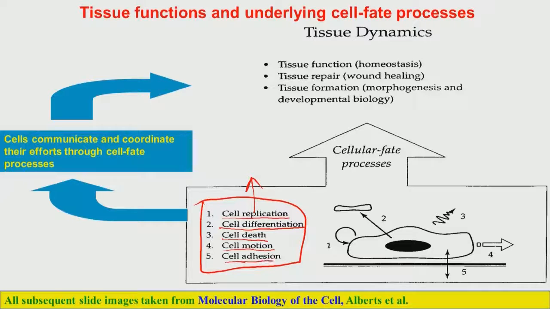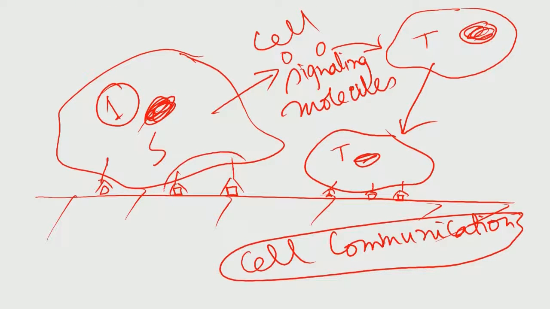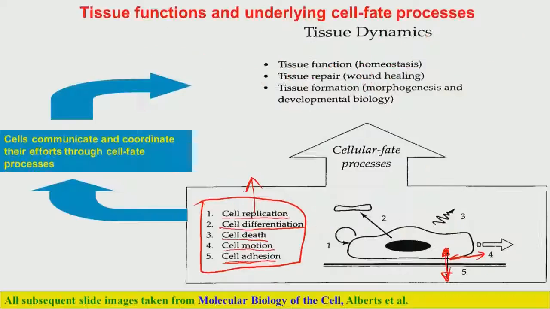Cell motion means a cell would walk or crawl on a material substrate, and this is cell migration. Cell adhesion means the formation of focal adhesion complexes or focal adhesion points, which is a combination of a few cell surface receptor integrin proteins as well as adsorbed protein assembly complexes.